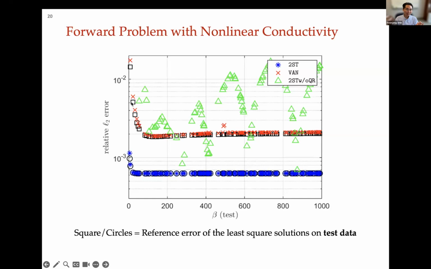Also, when compared with the vanilla one, the square is slightly above the circle. This tells you that the two-step method learns the trunk network more effectively. So the red, the circle and the square provide a quite useful indicator of which network architecture you may want to change. In this case, we just simply ran it and found it worked well.